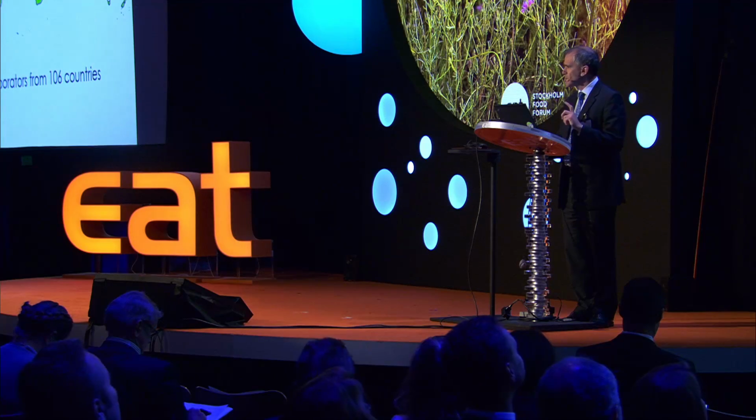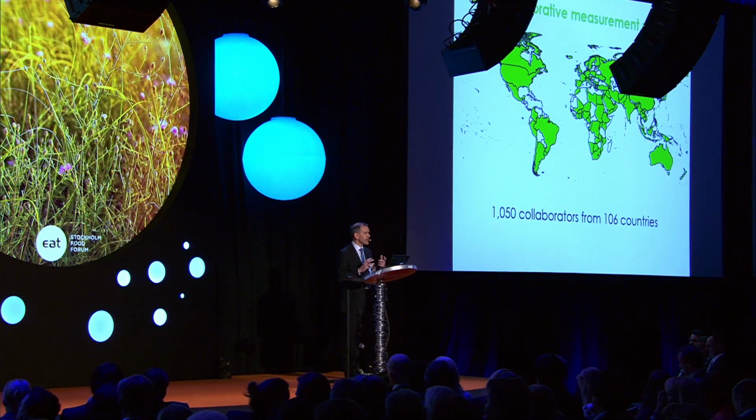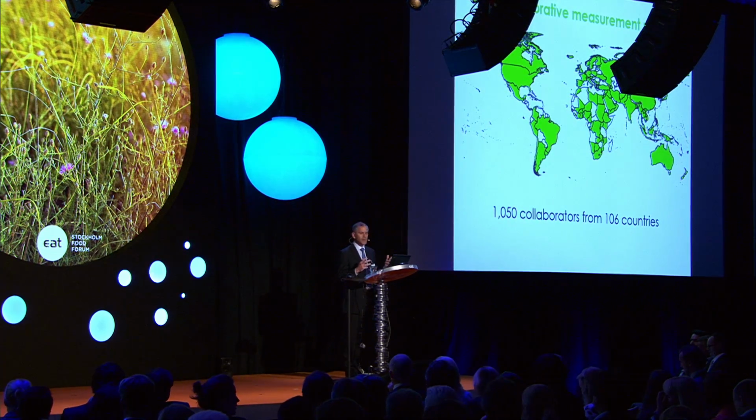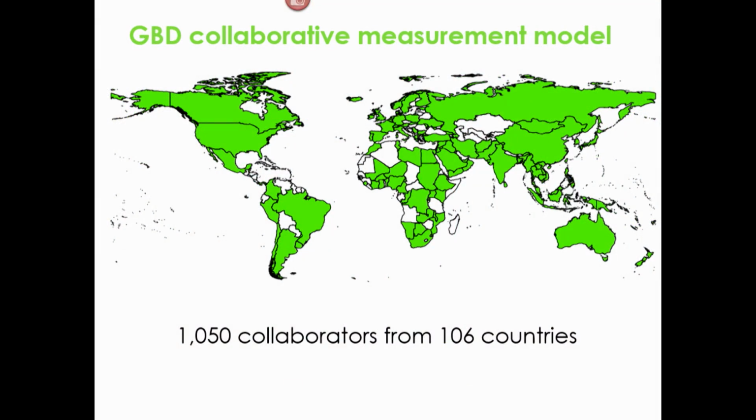Now, I just want to stress that what I'll show you is the work of a lot of people. There's a couple hundred of us in Seattle at the Institute, but there's more than 1,000 collaborators in over 106 countries who are an active part of trying to systematize what we know about the world around us.